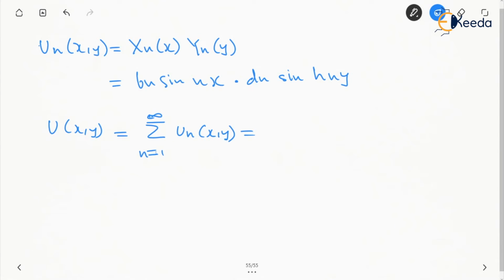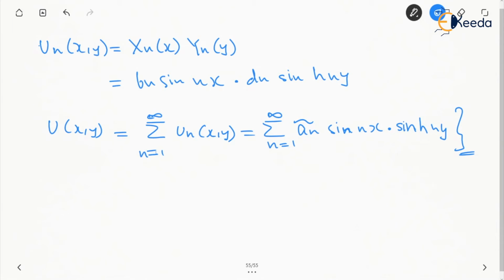We are writing it as the summation from n equal to 1 to infinity of an sin nx into sin h ny. Right? This is what we were looking for.